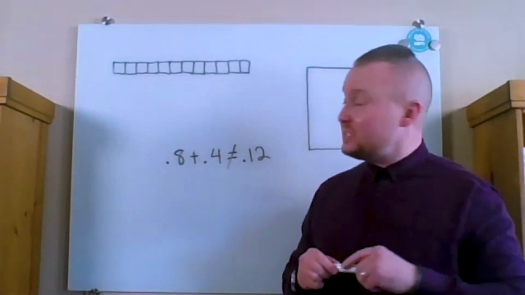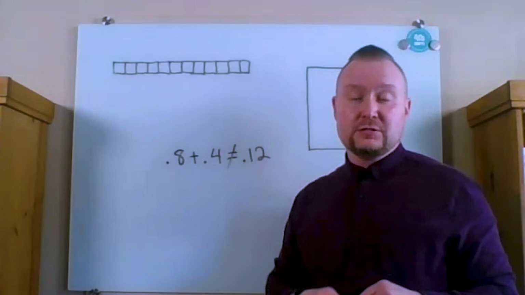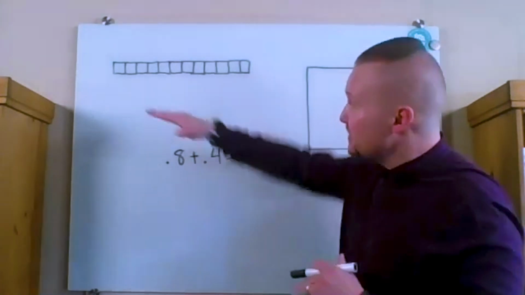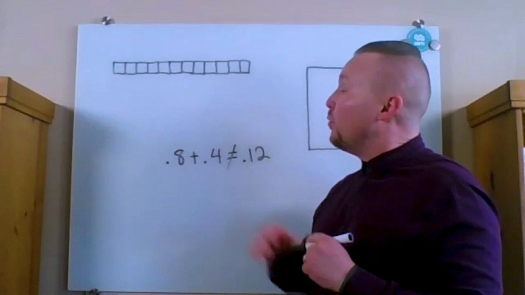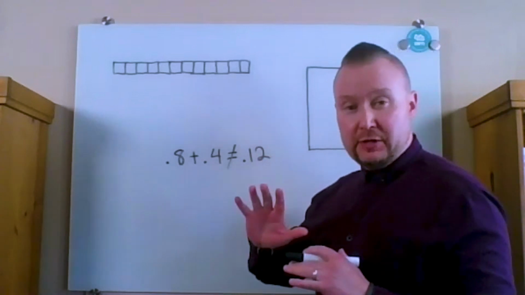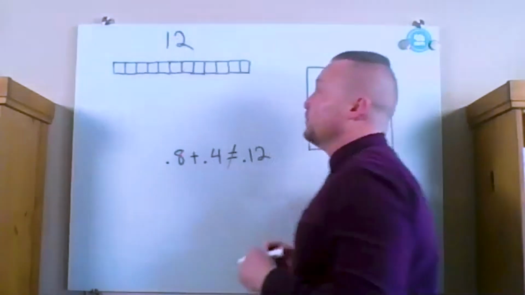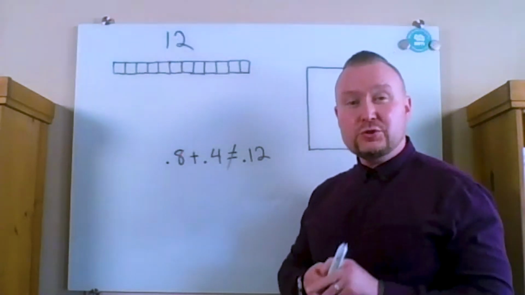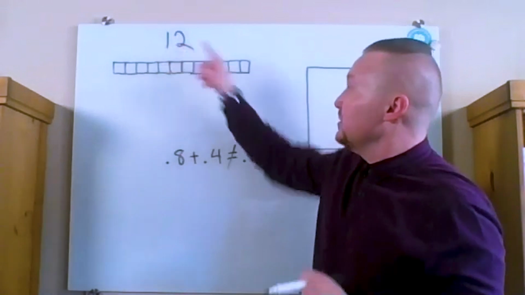Now, the other place that's actually the root of this misconception goes way back to when kids learn whole number place value. And I want to give you an example here with 12 units of 1. Now, when kids are first learning place value, a really common overgeneralization they make is that the number 12 is always 1 unit of 10 and 2 units of 1.